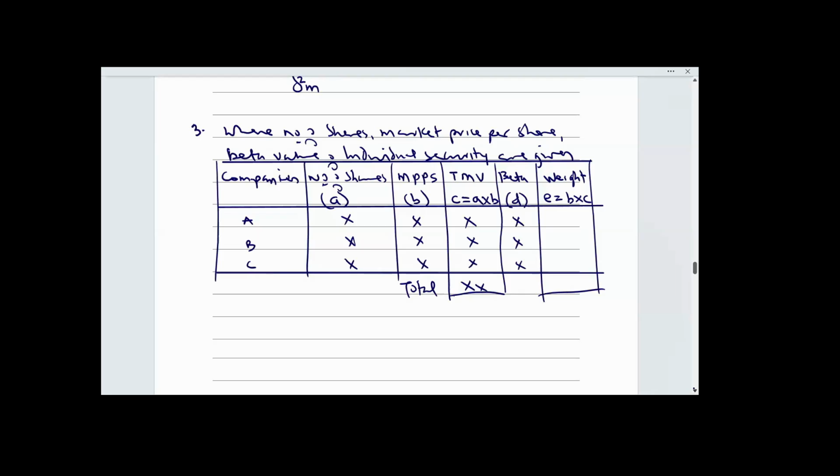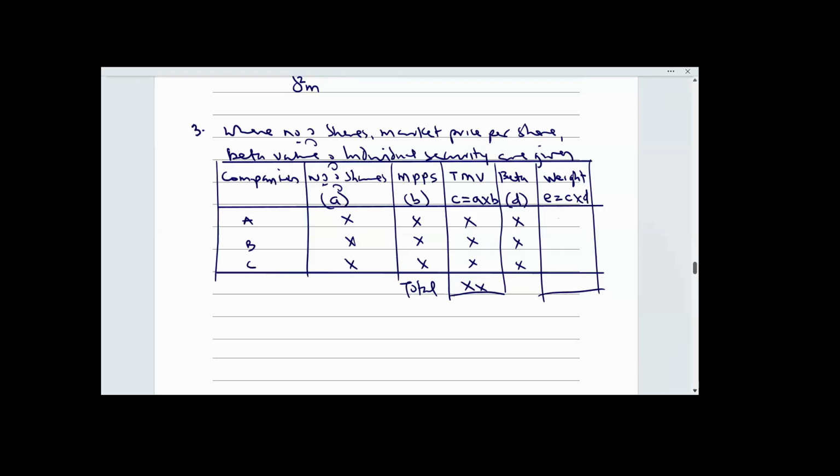To get the weight, you need to multiply the market value with the beta value. That is C multiplied by D.